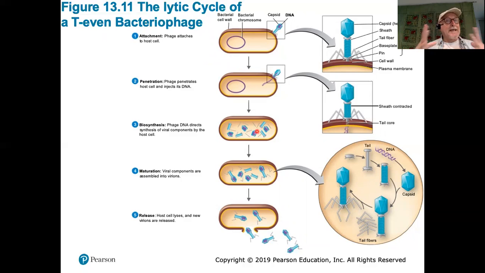It doesn't destroy the entire cellular machinery because it needs to commandeer the functioning. It needs to commandeer especially replication, to replicate its own genome, and then the translation machinery so it can produce its own viral proteins. So that's exactly what it does. It effectively turns the cell into a viral factory.